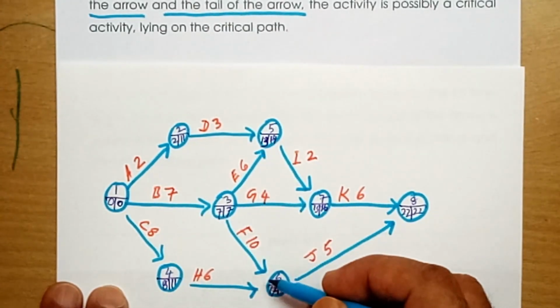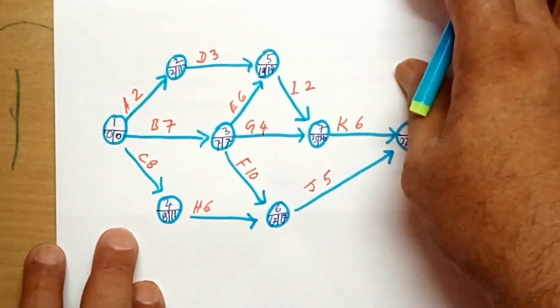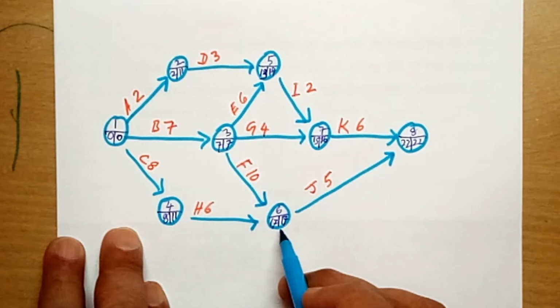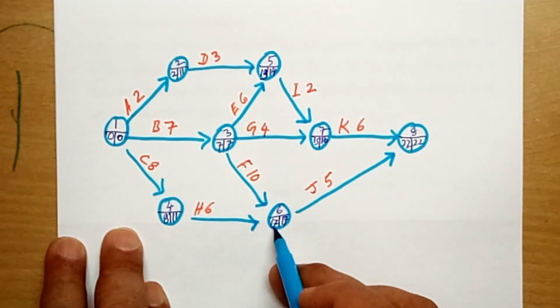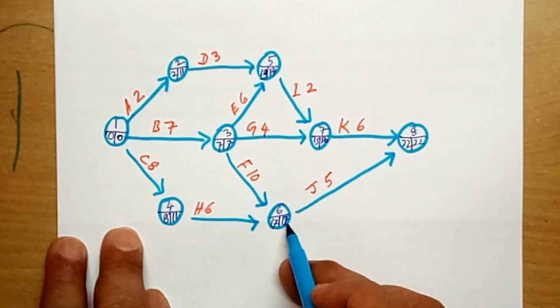If we take this activity, this is the head of the arrow, this is the tail of the arrow. At the head of the arrow, what is the earliest start time? It is 17. And the latest finish time is also 17. Understood?